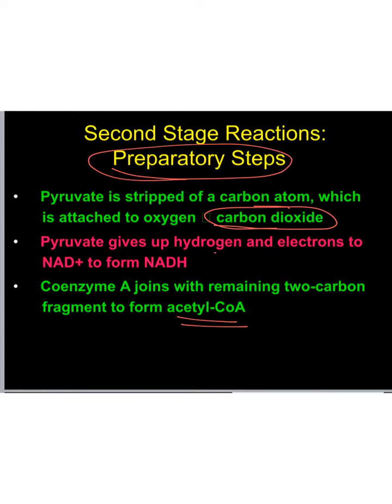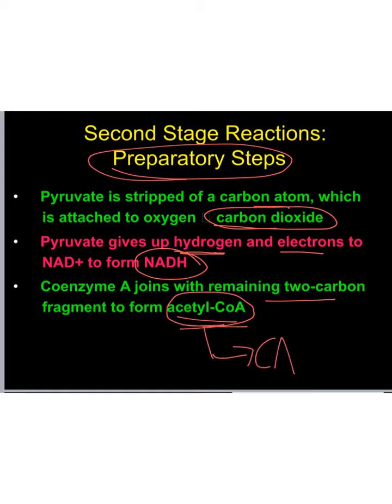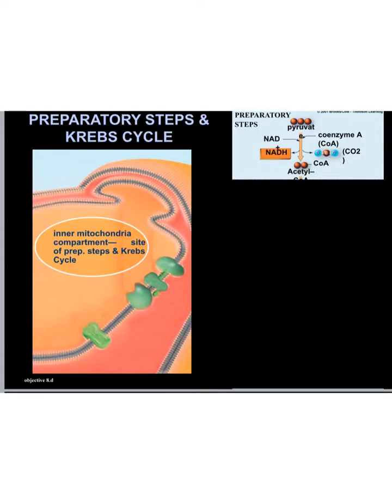Pyruvate is also going to give up a hydrogen and some electrons to form another molecule of NADH. So we'll talk a little bit more about that. And then coenzyme A is going to join with the remaining two carbon fragment to form this molecule acetyl-CoA. Acetyl-CoA is what can directly enter the citric acid cycle. So we're going to look at a picture of this now. Okay, so here we are.